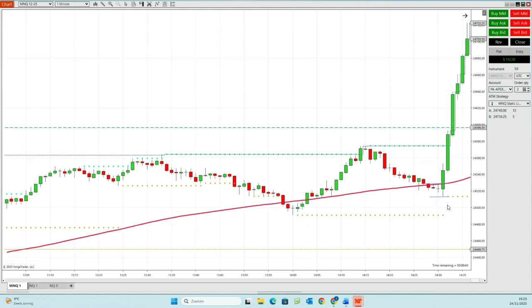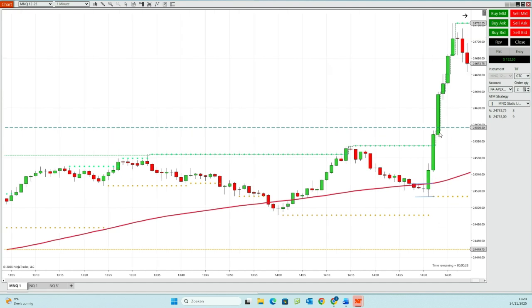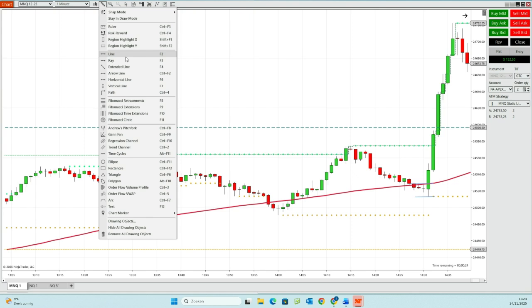And as you can see, you would have got much more out of it. Even if you do like 3 micros and you have your first target like 2-to-1, your second target at the static line, and then even with your third target, what you can do is just follow along the bottom of the candles.